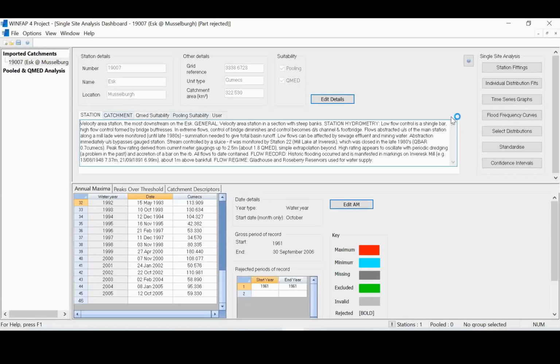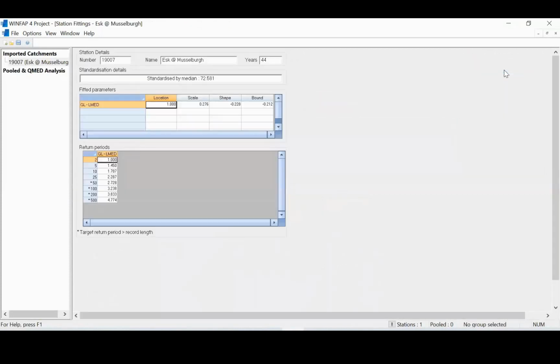So in terms of the single site analysis and the growth curve, these are available here via station fittings. So we can see here that these growth factors have been derived using the generalized logistic distribution using the AL-median method.